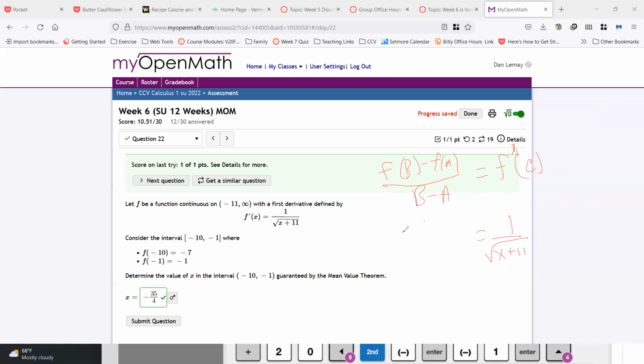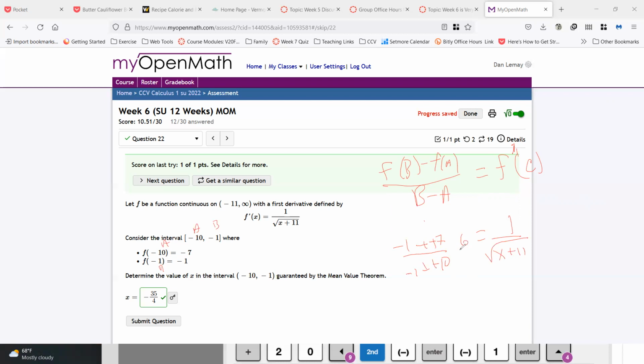Very nicely they told us that this would be the a, this would be the b. So f of -1 is -1 minus f of -10 is -7, all over -1 minus -10, positive, positive.